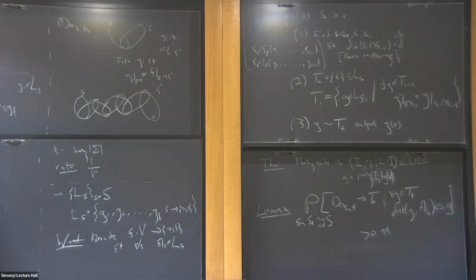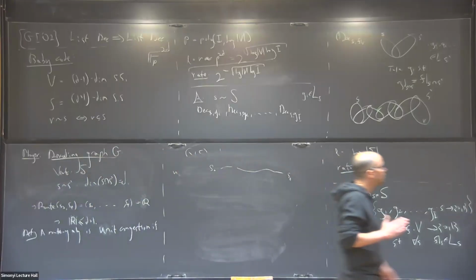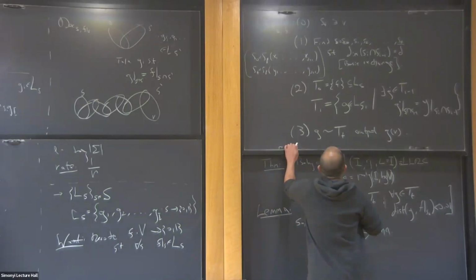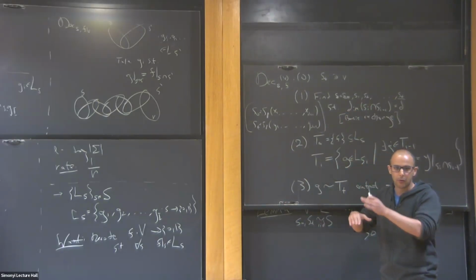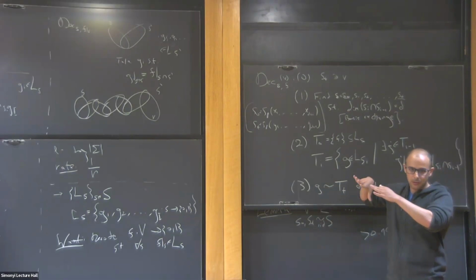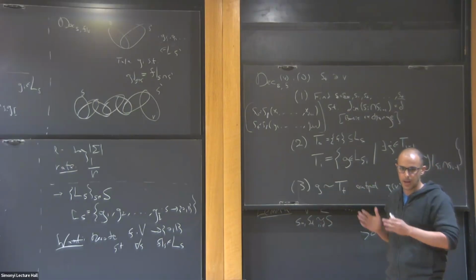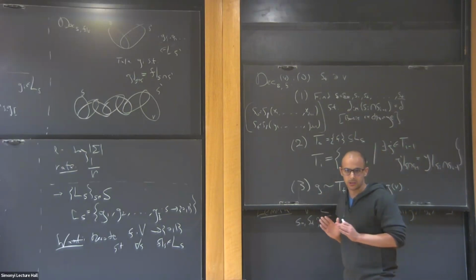Inside this graph, we're trying to identify these T's. In some of these edges, it could be that I agree with F in the intersection entirely, but outside the intersection, I disagree. These are bad edges. I don't want to land on these bad edges very much.